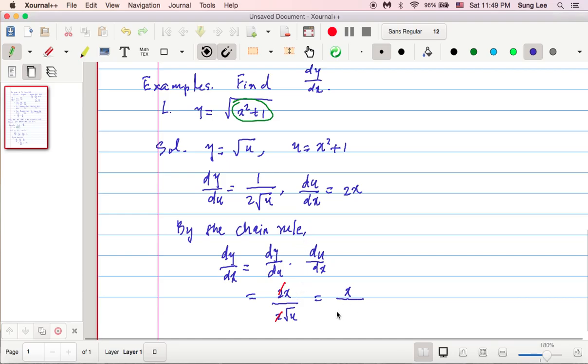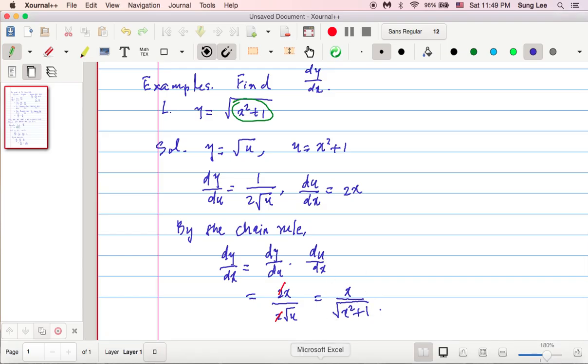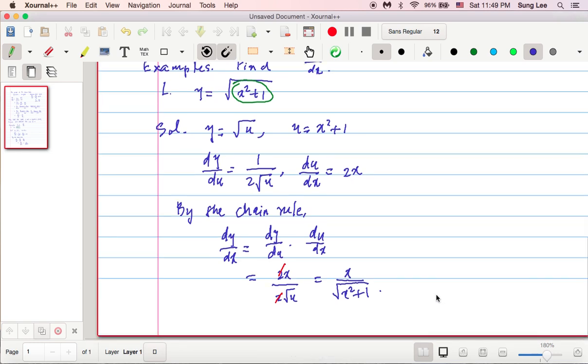So that's going to be x over square root of x squared plus 1. So that's your derivative, dy by dx. It's not bad, right? Okay, so let's talk about the next one.